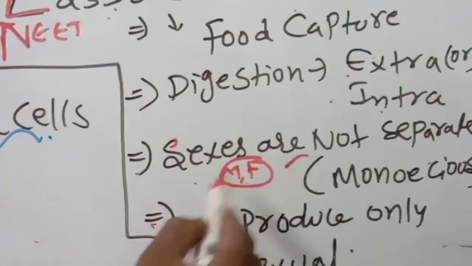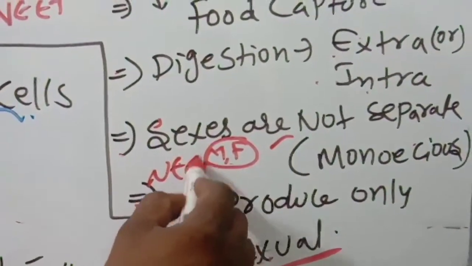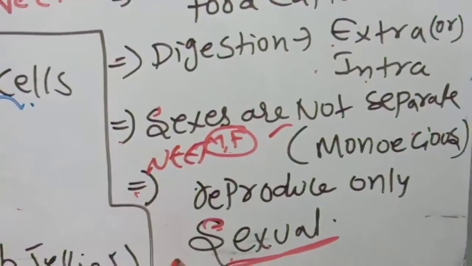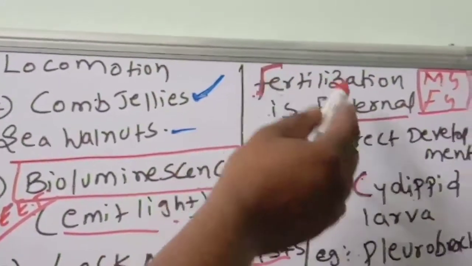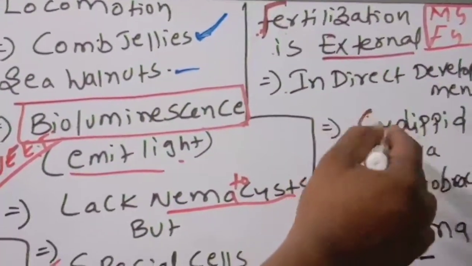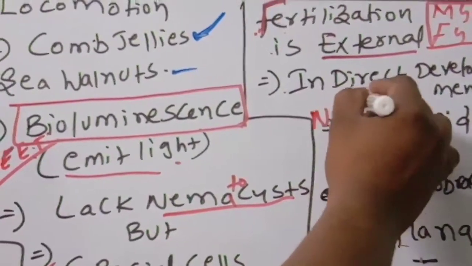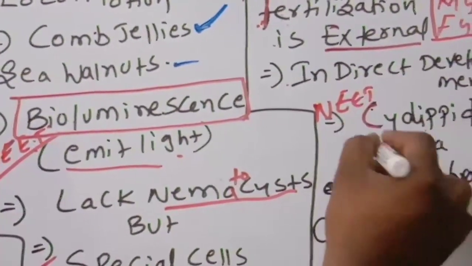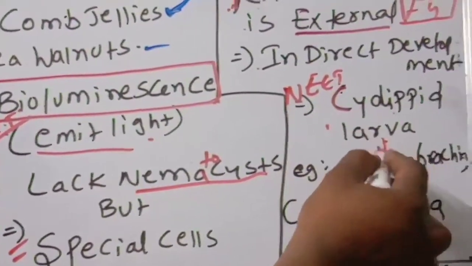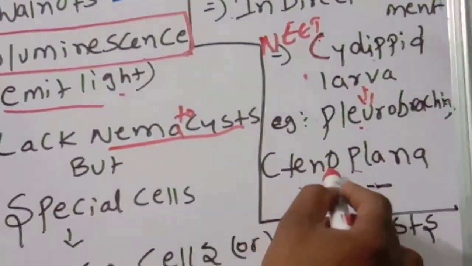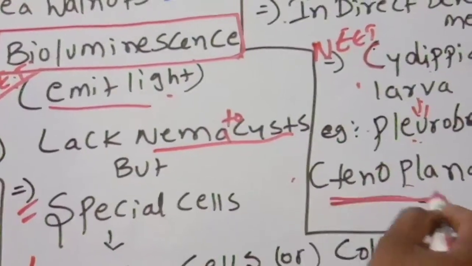The sexes are not separate, this is also a NEET bit: monoecious. Reproduce only sexually. Fertilization is external, means combination of male and female gametes outside of the body. Indirect development. Another NEET bit: the larval form of ctenophores is cydippid larva. This is related to Pleurobrachia, and another example is Tenoplana.